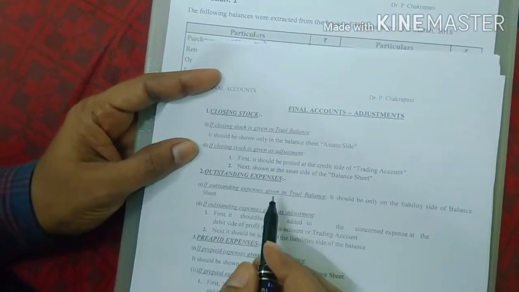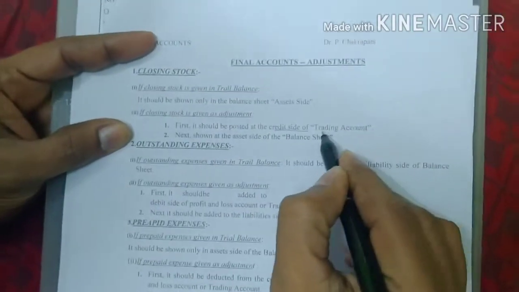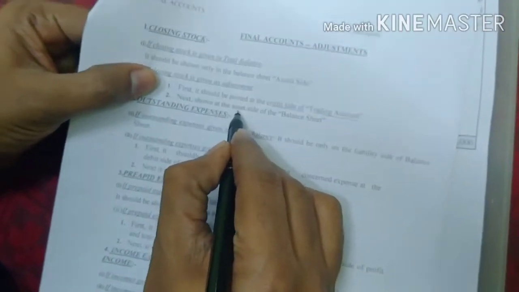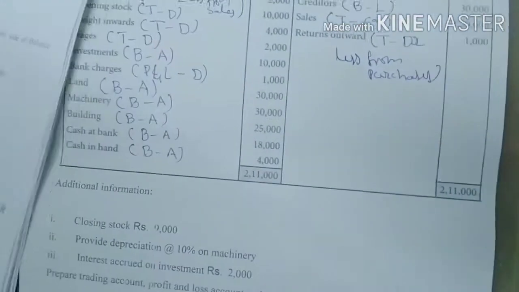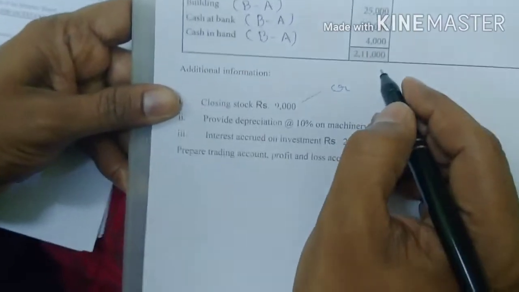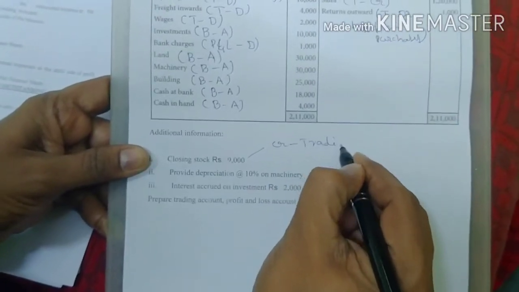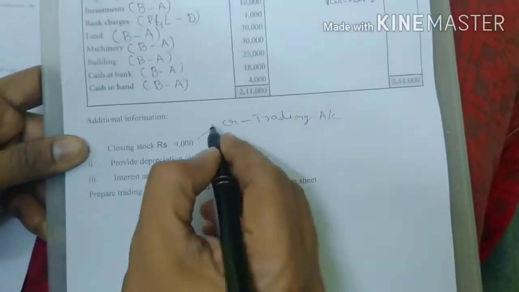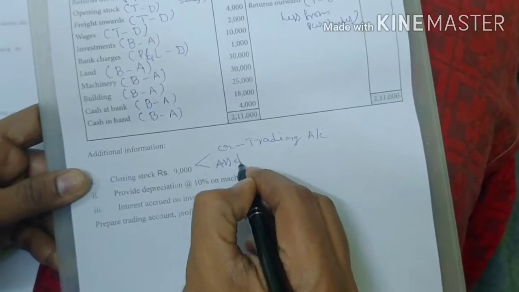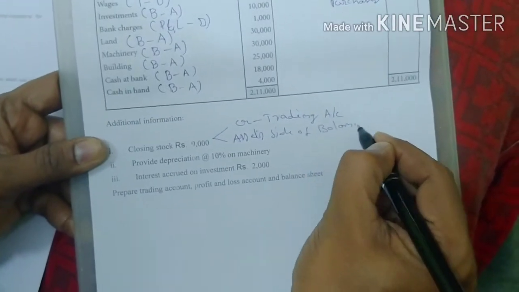Whenever closing stock is there in the adjustment, we should write it one time on the credit side of the trading account, and another time on the assets side of the balance sheet.